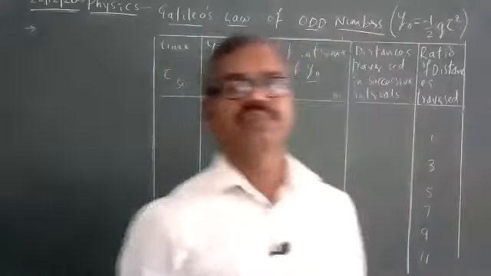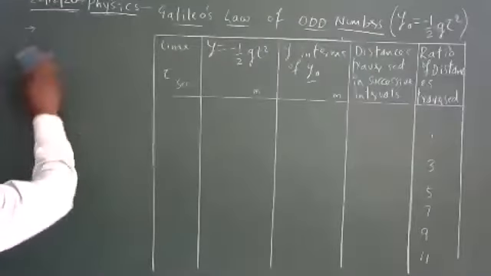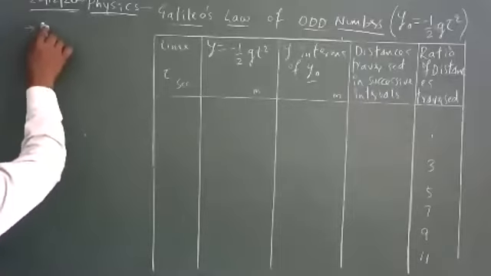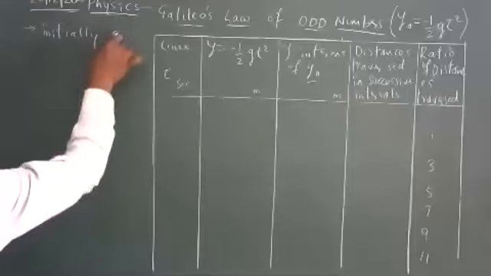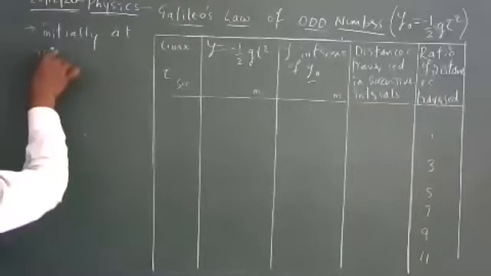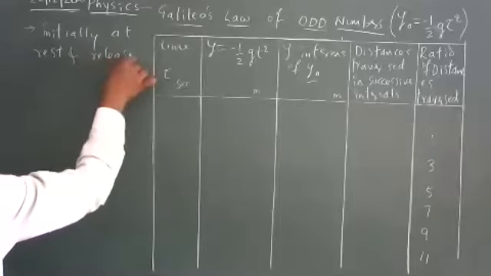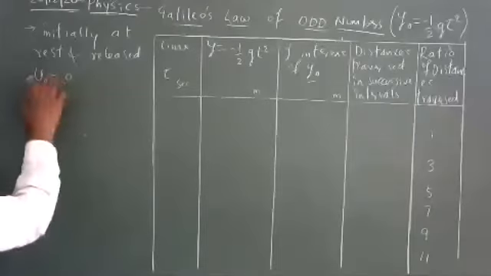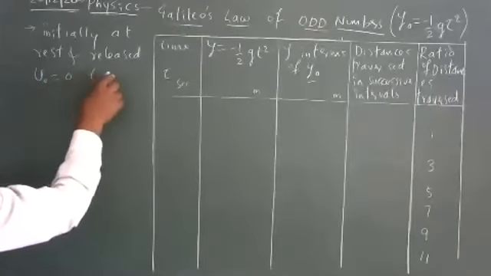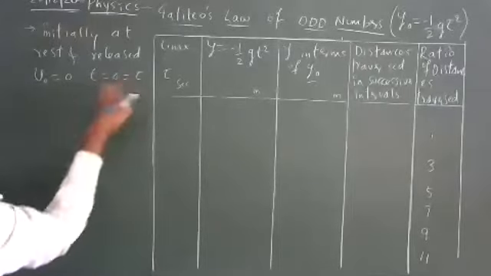When an object is in free fall motion and initially it is at rest, so I can take initially at rest and release it. Initial velocity is 0 at t equal to 0, which I can take as tau or any value.